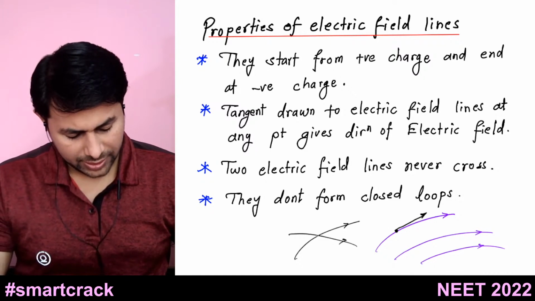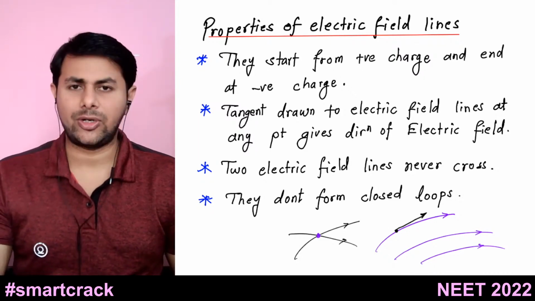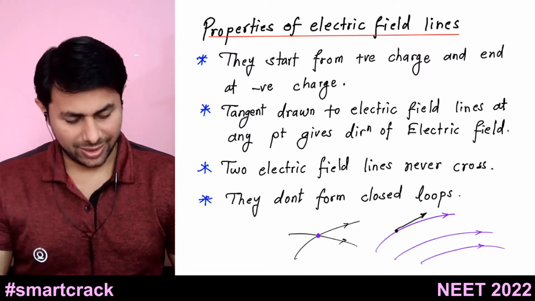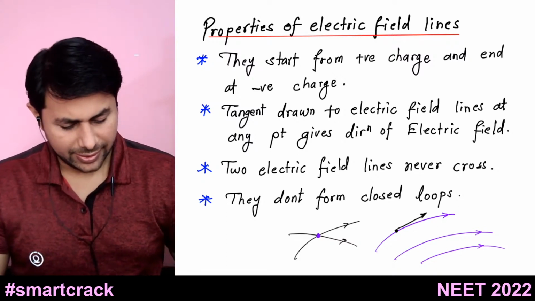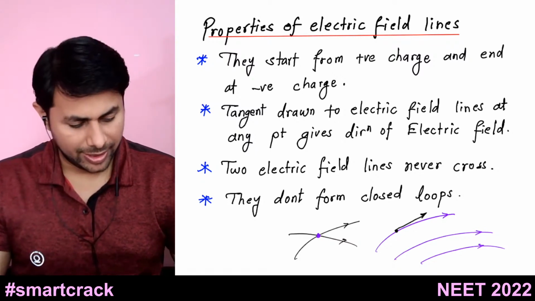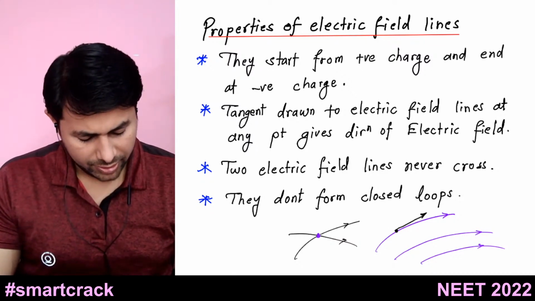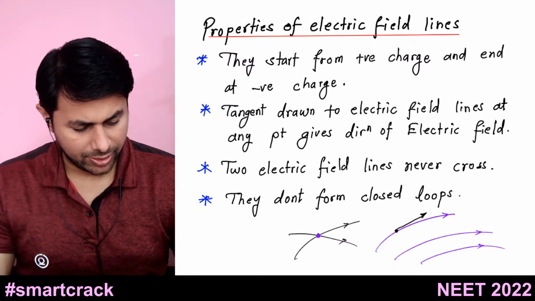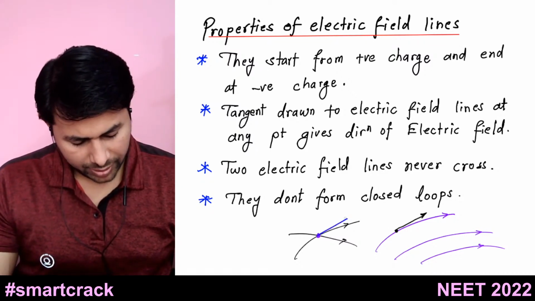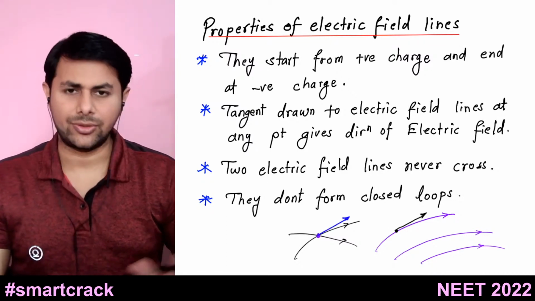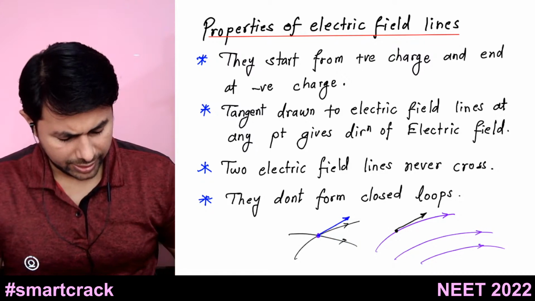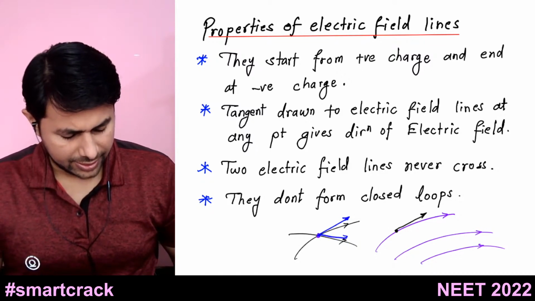So what will happen at this point? If two electric field lines cross, one electric field line says that to get the direction of electric field at this point, draw a tangent over here, which will point in this direction. I will draw with some other color. And another electric field line says draw a tangent over here, so it's like this.